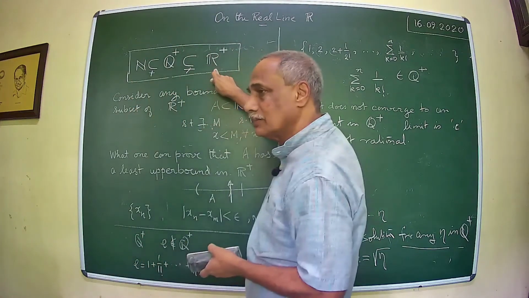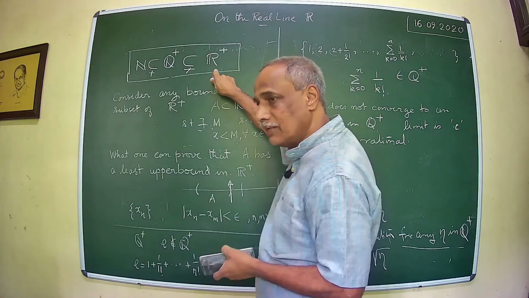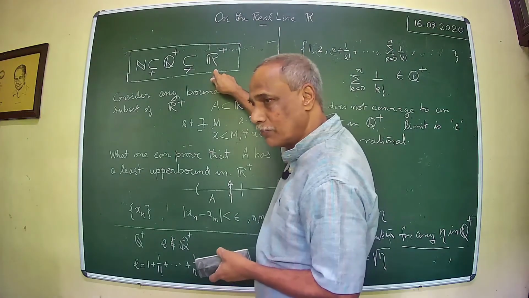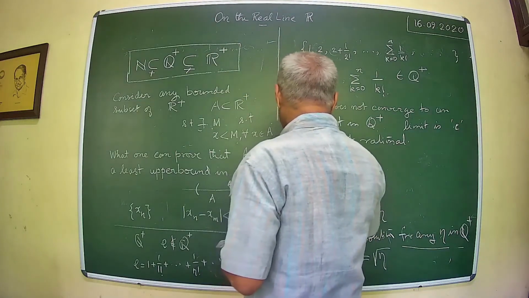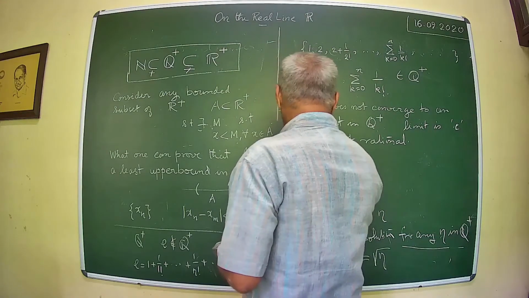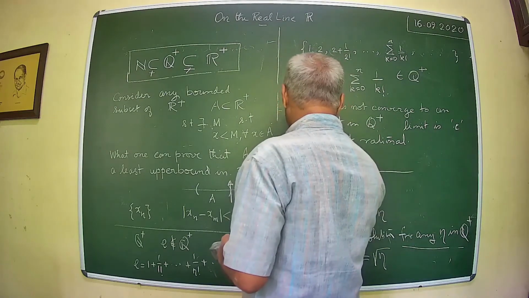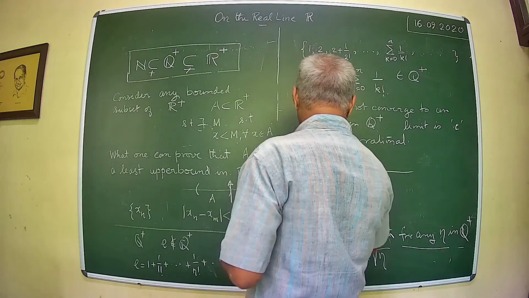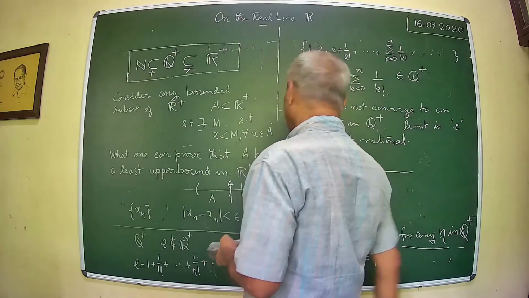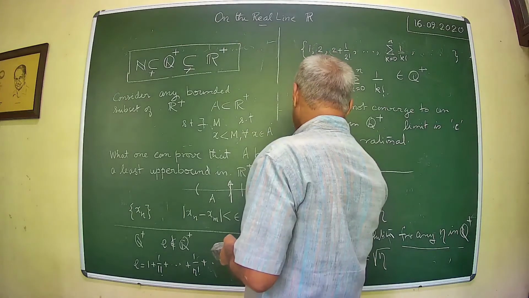There does not exist a smallest real number or element of R plus, because if you have an element psi of R plus, then psi by 2 is certainly less than psi.